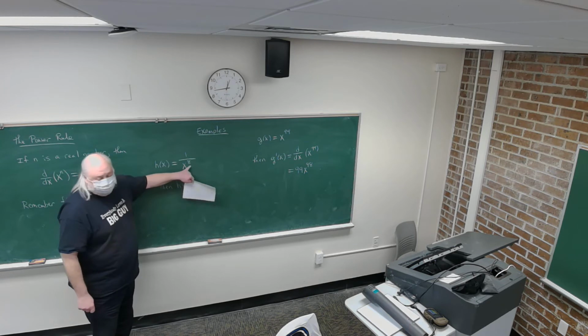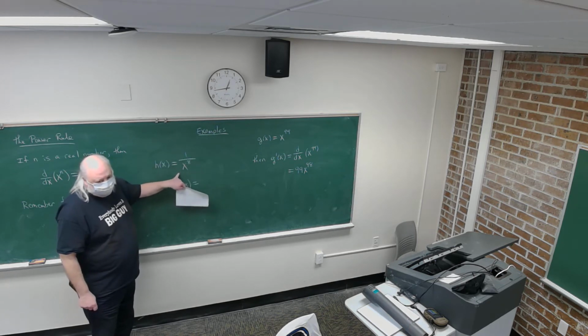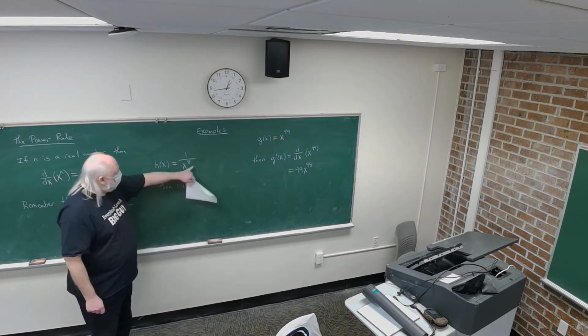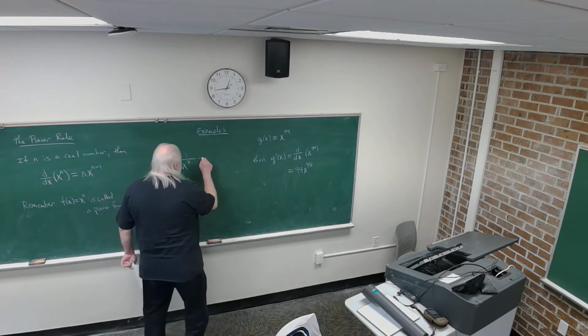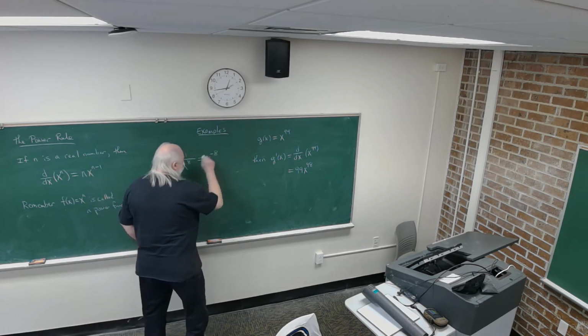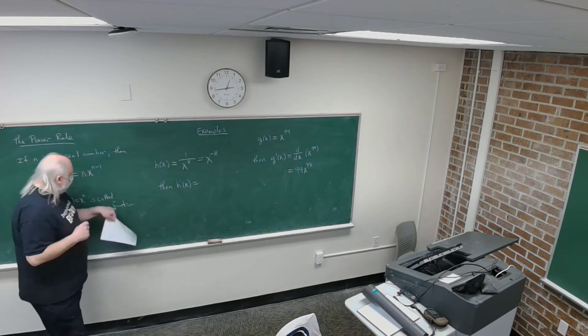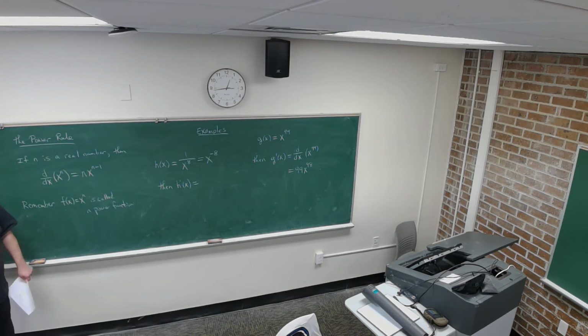No, the derivative is not 1 over 8 times x to the 7th. You got to rewrite this as x to the minus 8 power. Now you can use the power rule. Okay.